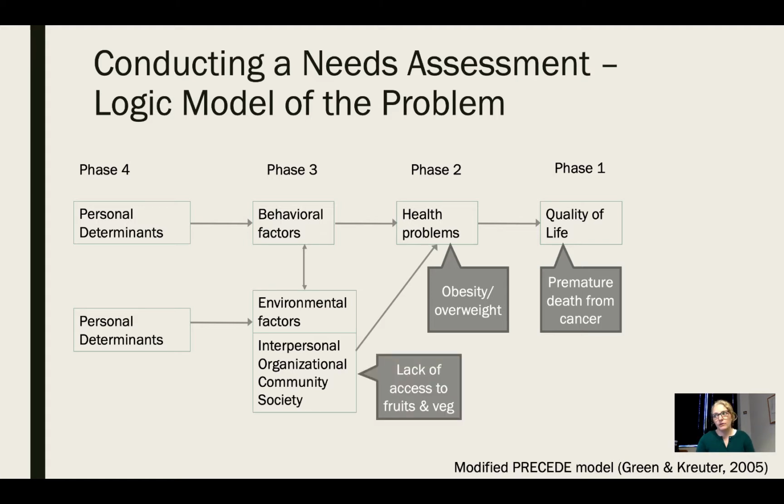At the societal or community level, we know that lack of access to fruits and vegetables is what is contributing to some of that obesity and overweight. It's not the only thing, but it's one of the things contributing to that.